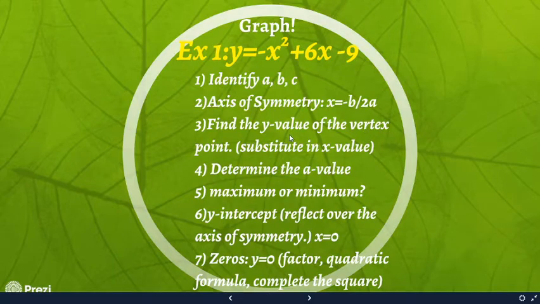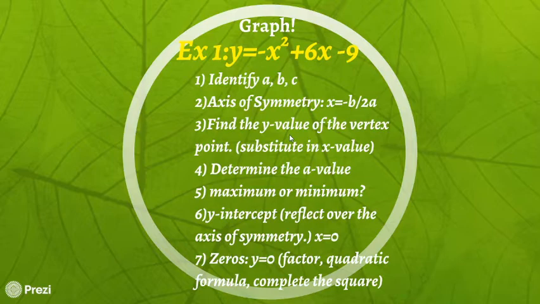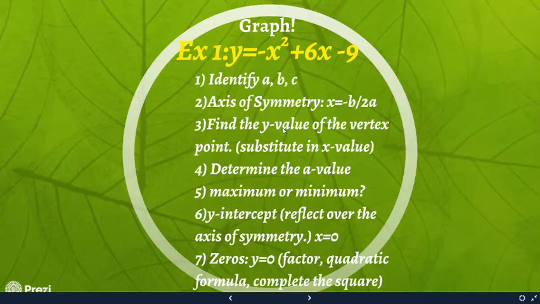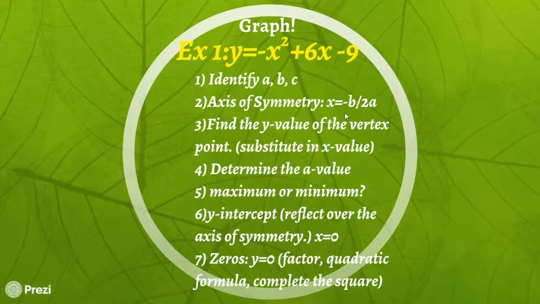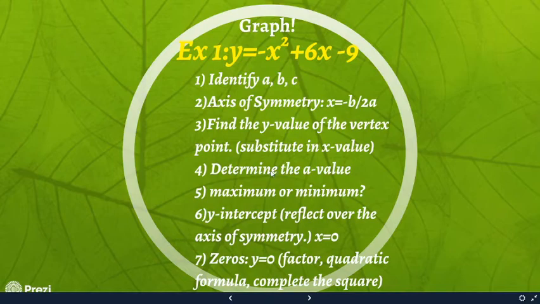Then we're going to find the y value of the vertex point, because you found out in the activity that the x value for the axis of symmetry is actually your x value in your vertex point. We'll be determining if the parabola will have a maximum or minimum by our a value. We will find the y-intercept and also the zeros.